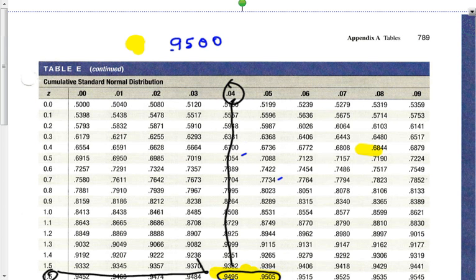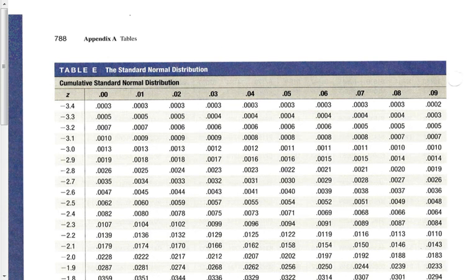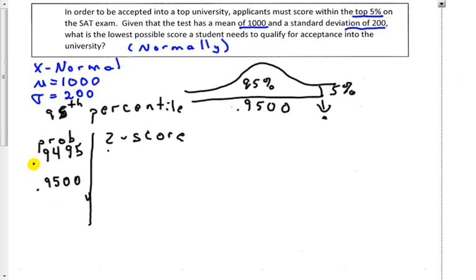The other one came with a z-score of 1.65. So a 1.64 would give us 9495, and 9505 was the other value, and it came with a z-score of 1.65.